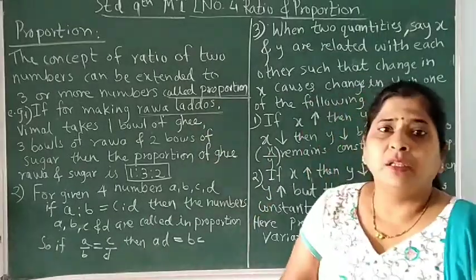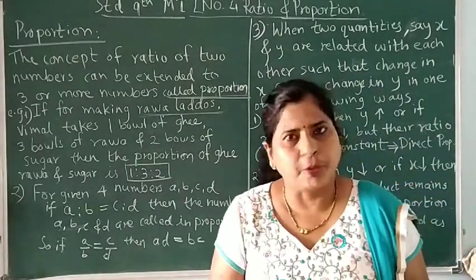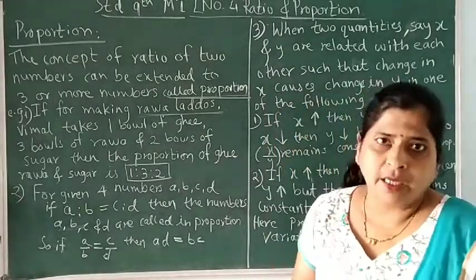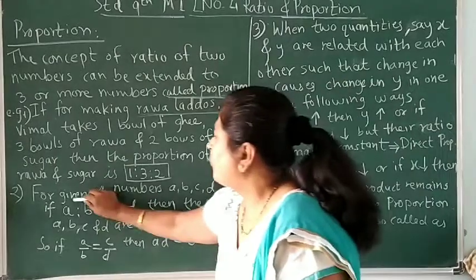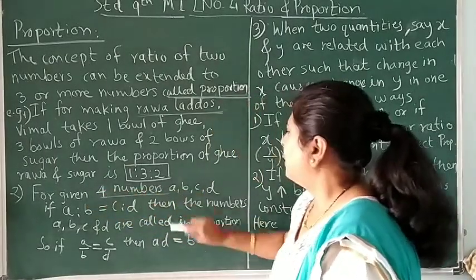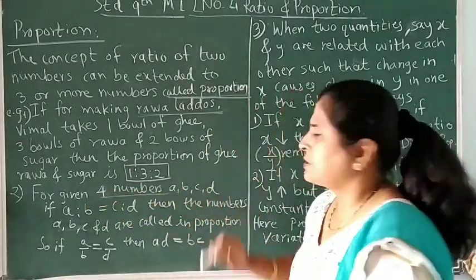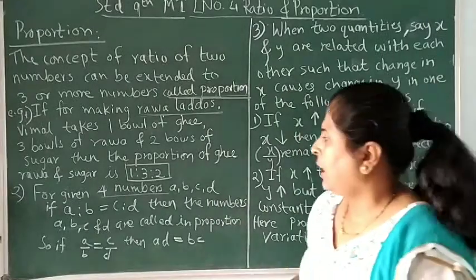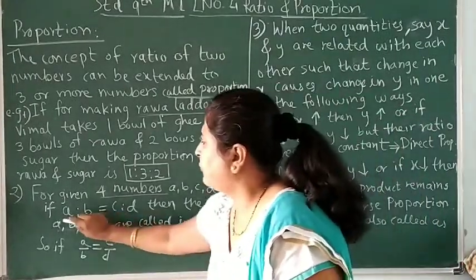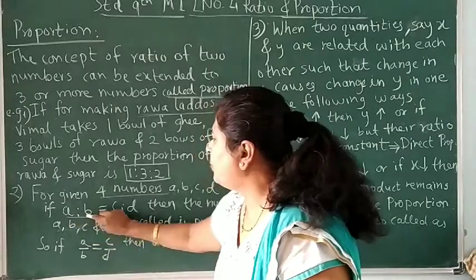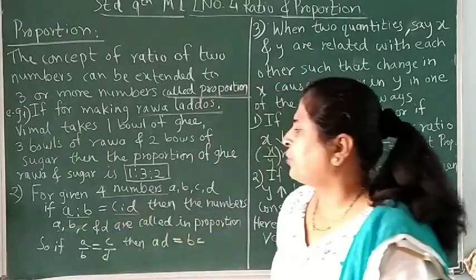What is the other way where we use the word proportion? Let's see the second type. For four given numbers A, B, C, D, suppose A is to B is equal to C is to D. What does it mean?